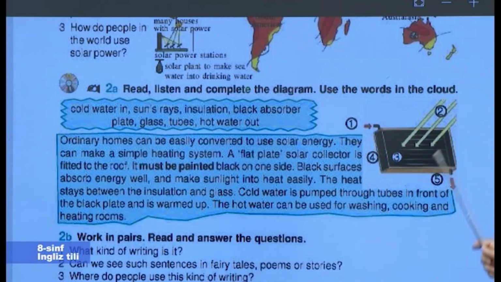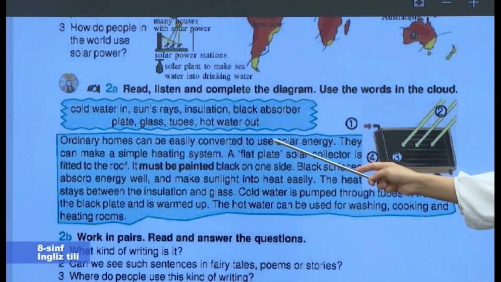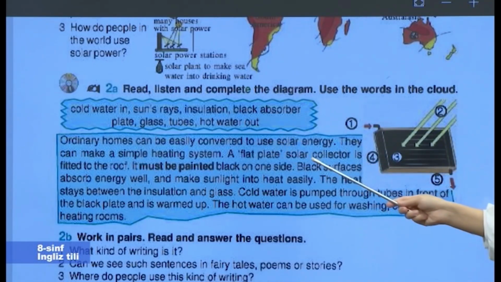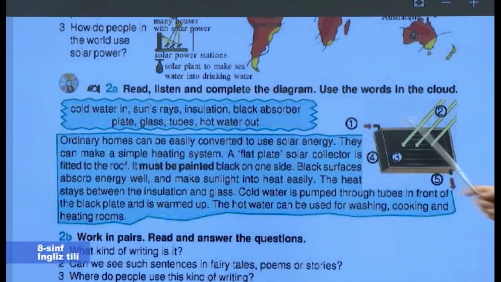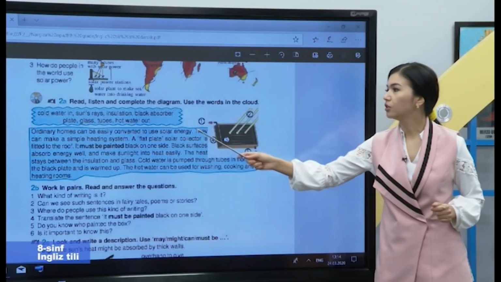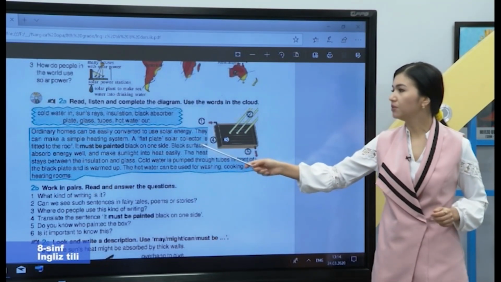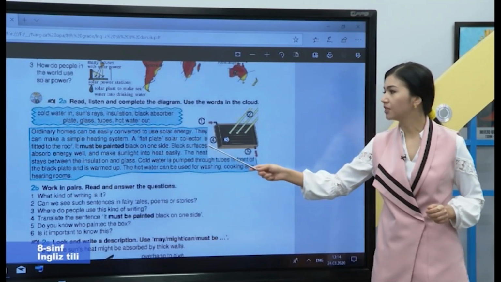So, let's read the text. Ordinary homes can be easily converted to use solar energy. They can make a simple heating system. A flat plate solar collector is fitted to the roof. It must be painted black on one side.